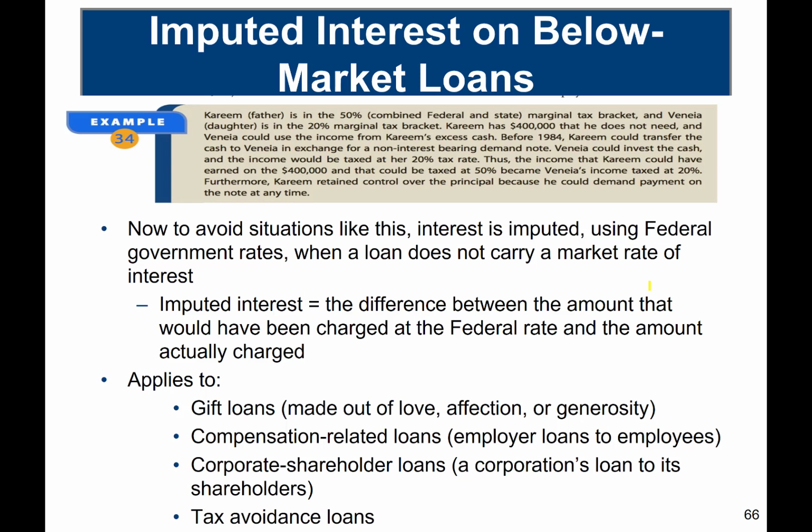Well, the tax law looks at that and says the only reason you did that was to pass the interest income on to someone in a lower tax rate. So they're going to make me impute the interest. They're going to make me use certain statutorily declared federal rates, calculate the interest I would have earned using those rates, and then I have to pay the tax on that interest.